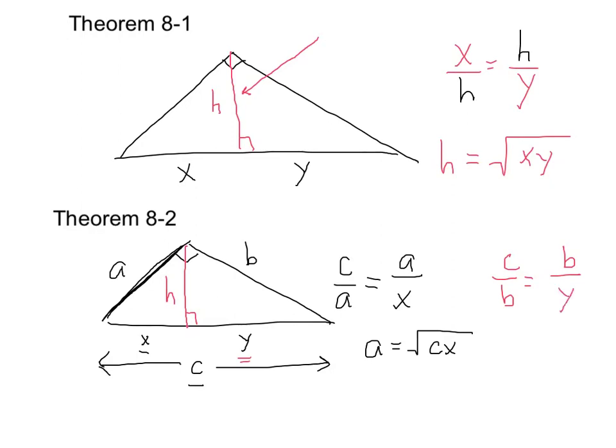So the length of B is the geometric mean between the entire hypotenuse and this part of it. Or in other words, the length of B is the square root of the hypotenuse times the little part of the hypotenuse. Now that one's a little bit more confusing, but we're going to put it in an example and see how it works.